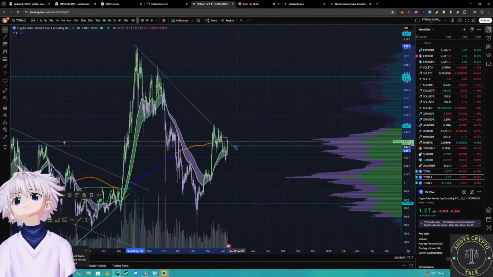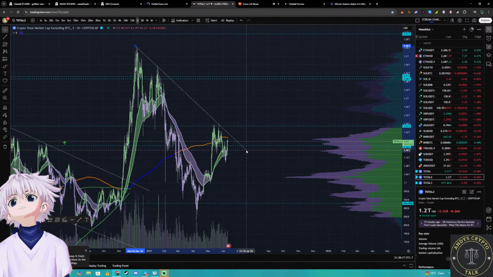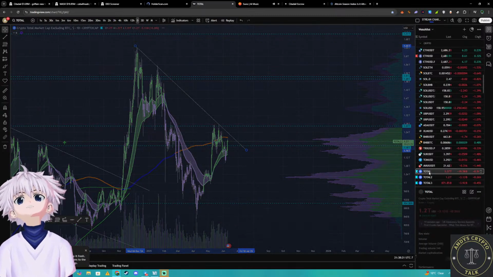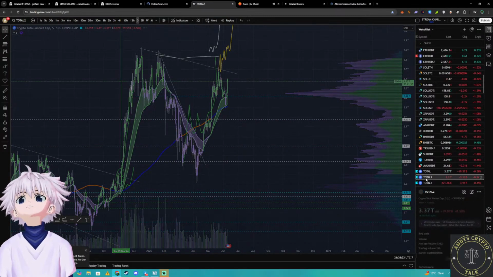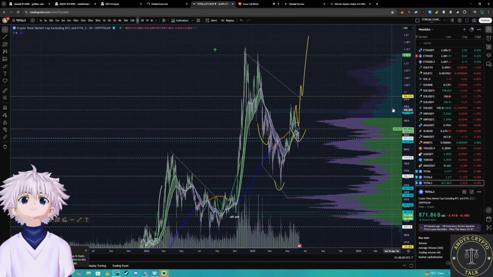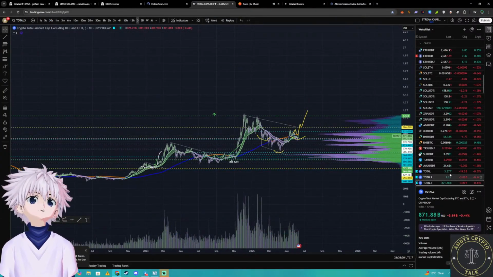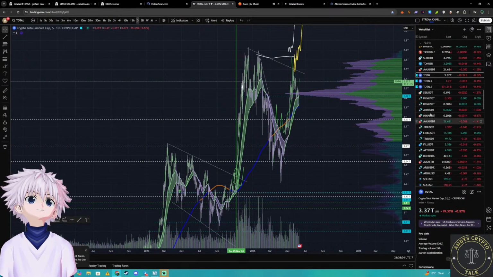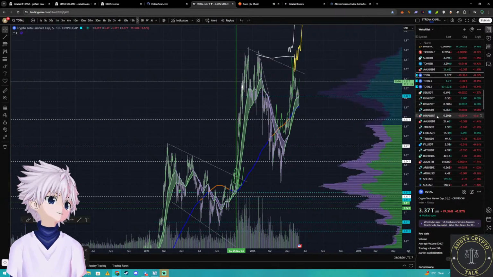Still, it hasn't broken out of that downtrend channel, but it's getting very close. It's, I think, closer than regular Total. They're pretty similar, to be honest, but once we see Total 2 and Total 3 break up, this should give us some fireworks throughout the alts.